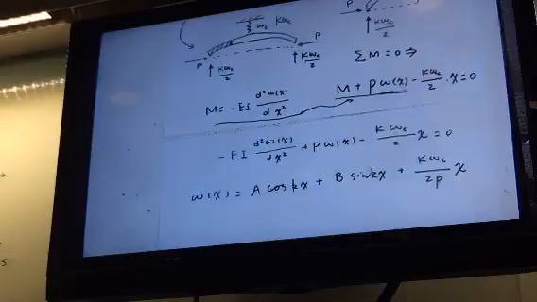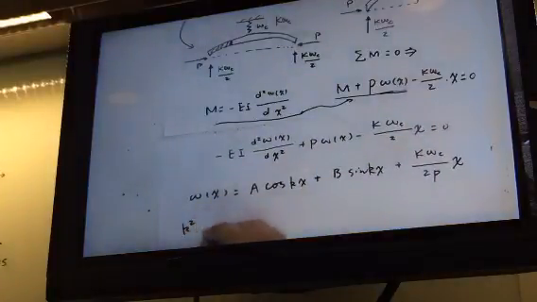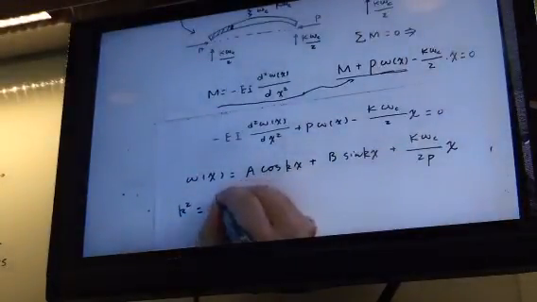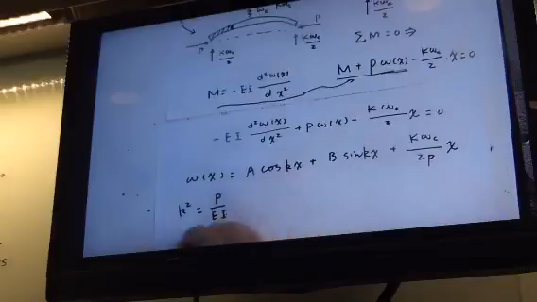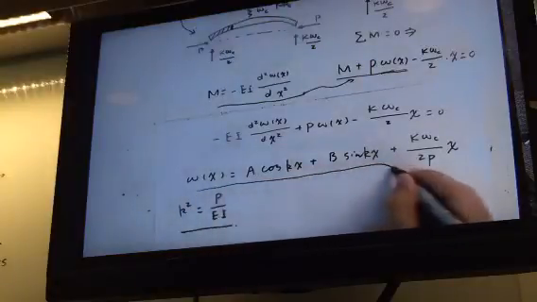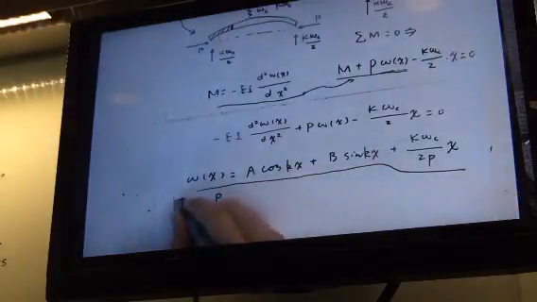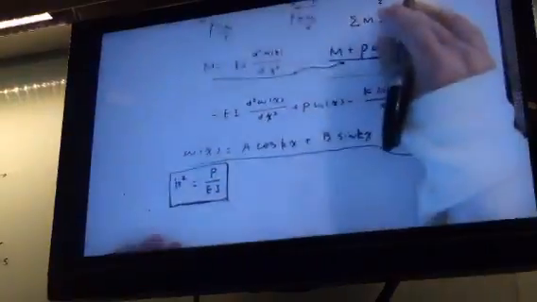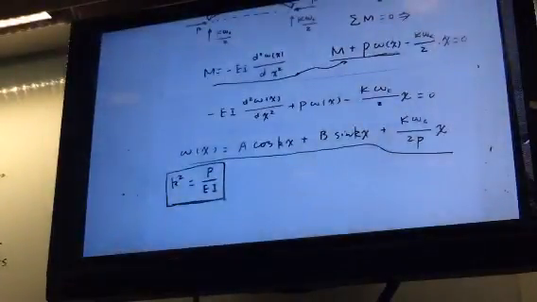This small k is the same as what we have done in the previous 2 examples. It's defined as k squared equal to P divided by EI.